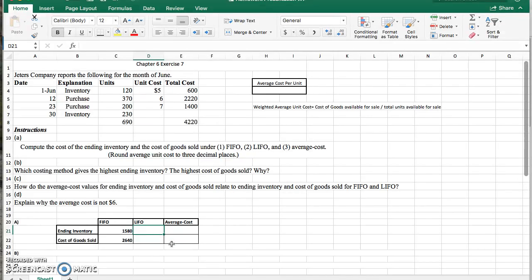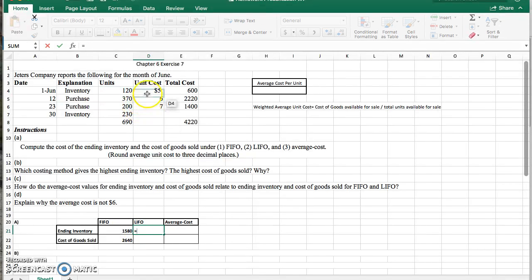Under LIFO, last in, first out, the assumption is that the inventory we buy last is the inventory that's going to be sold first. To calculate this, we're going to do the opposite of what we did for FIFO. We know that we have 230 left in inventory, and if our last inventory is being sold first, then we don't need to worry about these numbers. These ones were sold during the period. So what we're going to have left is these first units. 120 of those units of the 230 were priced at $5, which gives us our 600.